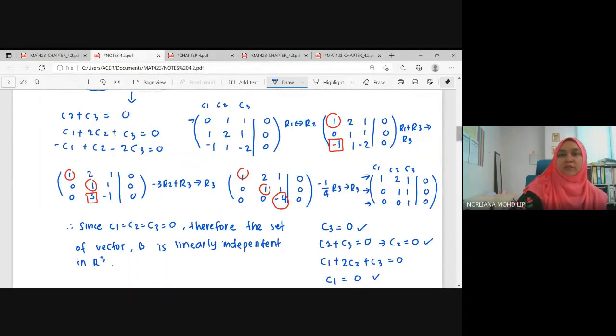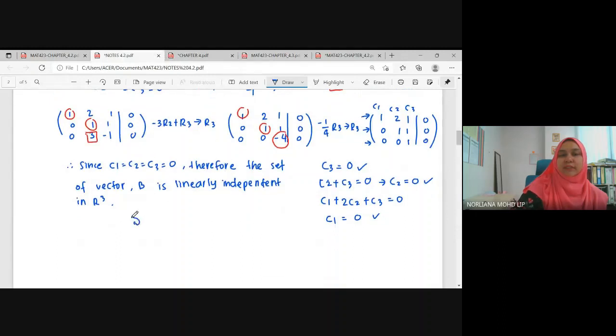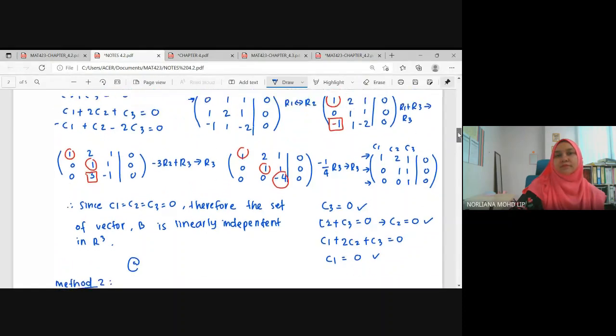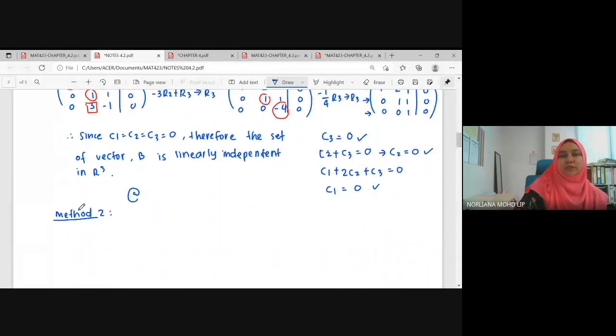So kat sini kalau you approve determinant dapat apa? Method yang kedua. Cuba buat, cuba proof.